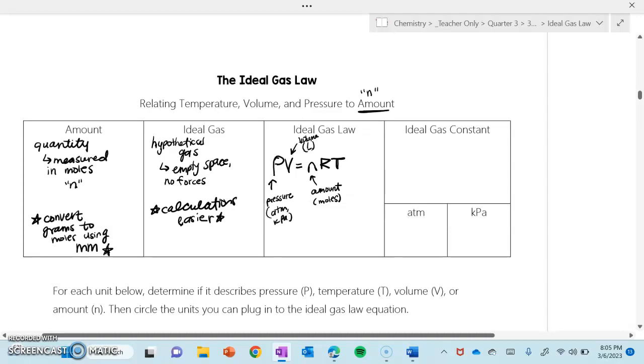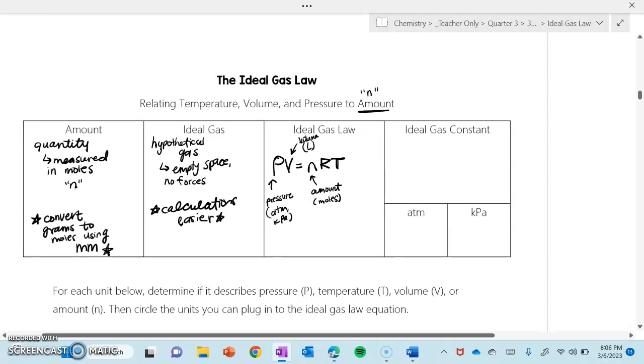If you think like Charles' law and Gay-Lussac's law, those are also direct relationships, but to temperature. And it should make sense, right? This one's kind of overlooked because it's pretty common sense that as you have more molecules, you will take up more space for the amount of gas you have. So more stuff, more space. We don't spend a whole lot of time studying Avogadro's law like we do the other three. However, it is just as valid as the other three. So just a little note there.